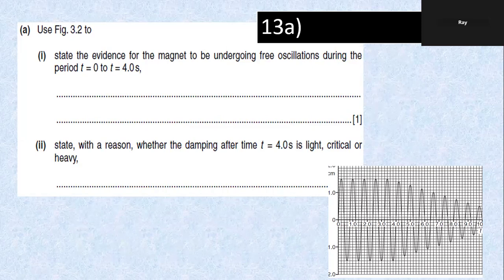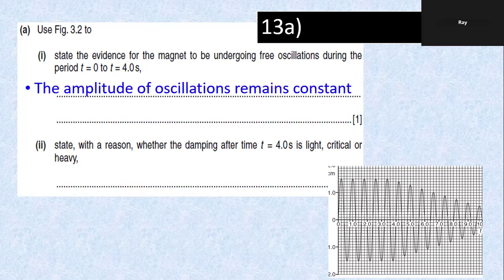Evidence meaning like different amplitude. I mean, same amplitude, constant. Free oscillation means amplitude is constant. Amplitude of oscillation remains constant before the 4 seconds there. Yeah, before 4 seconds, all the amplitudes are constant.